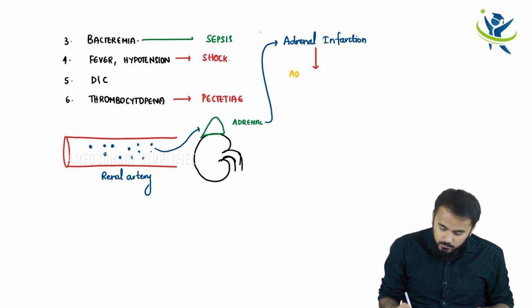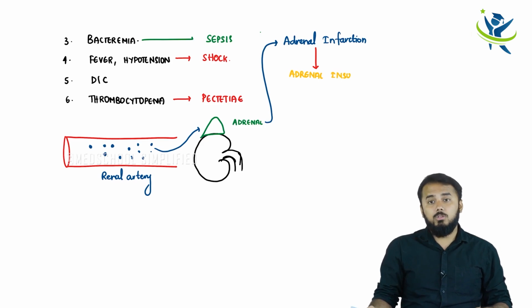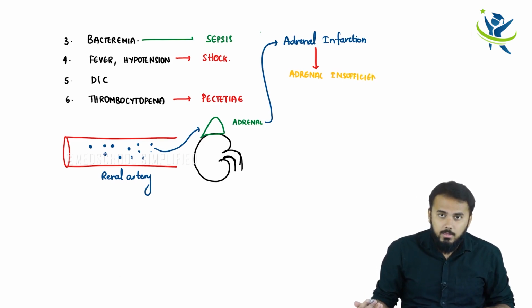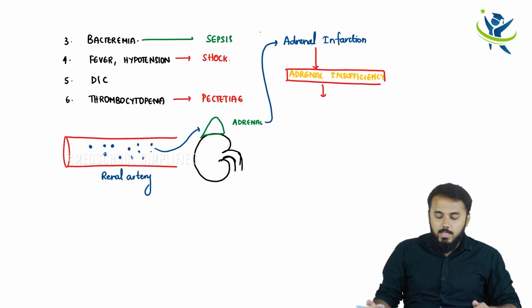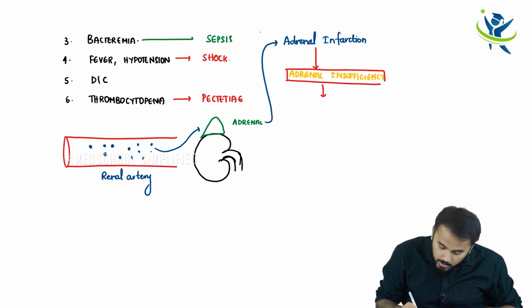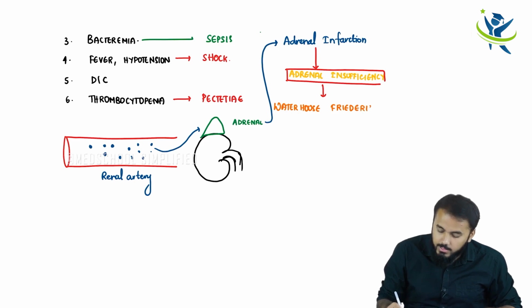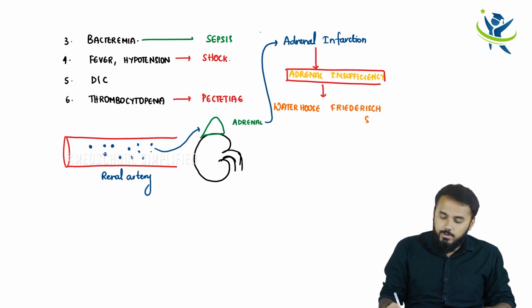Adrenal insufficiency. And this adrenal insufficiency is happening because of meningococcemia. So this condition is given a special name and this is called Waterhouse-Friderichsen syndrome. Waterhouse-Friderichsen syndrome, right?